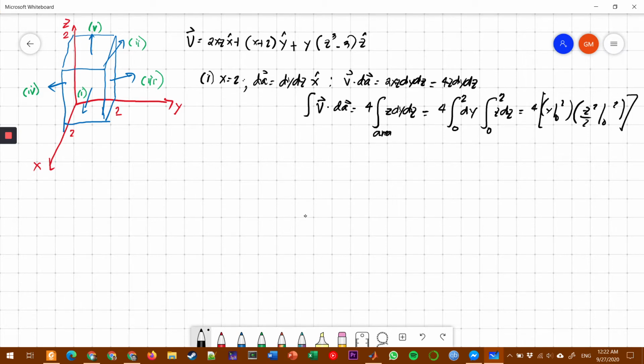So this becomes 4 times 2, times 2 squared, that's 4, over 2. This gives 4 times 2 times 2, so this is 8 times 2, that's 16.